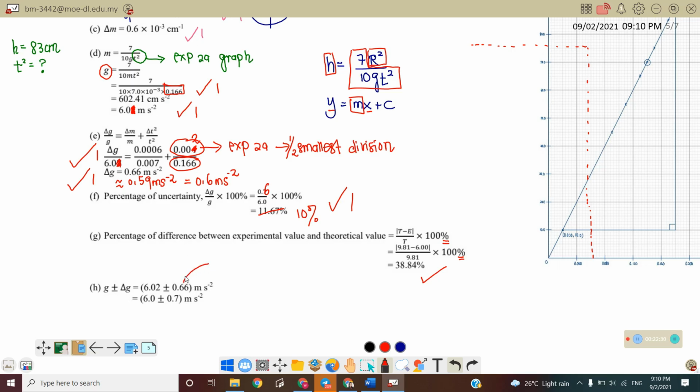Remember, our uncertainty usually only allows one significant figure. So 0.66, we only want one significant figure, so it becomes 0.7. Only one significant figure, and here only one decimal place, so our result also must be one decimal place.